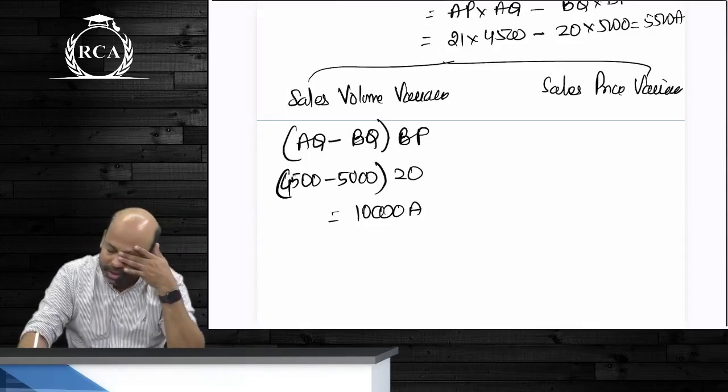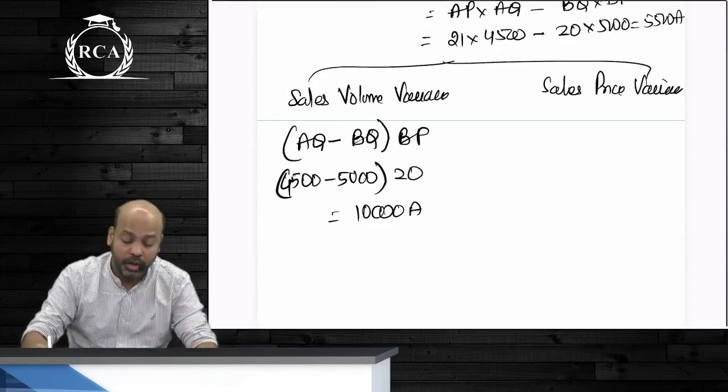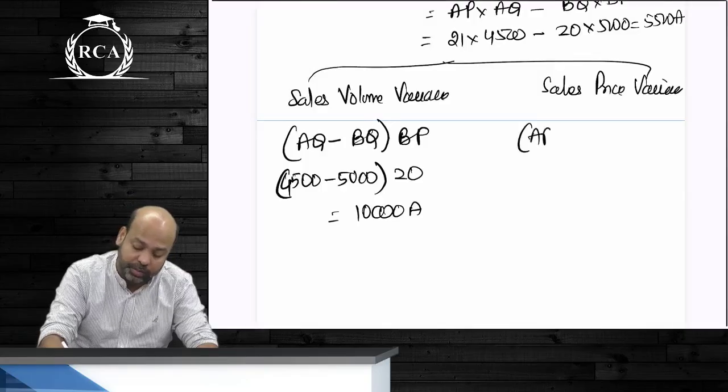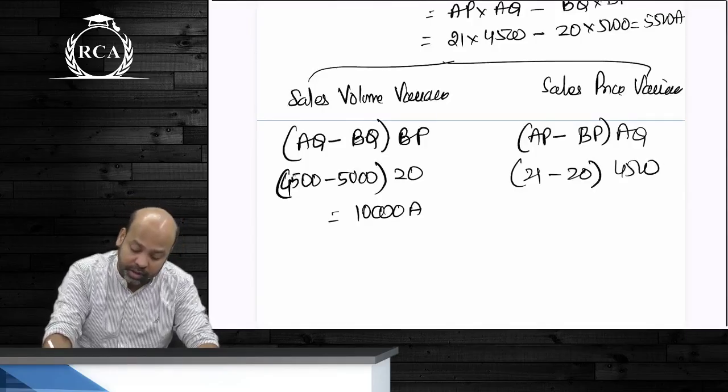How do you compute material price variance? Standard price minus actual price. Here we are going to write actual price minus budgeted price: 21 minus 20 multiplied by an actual quantity of 4,500.